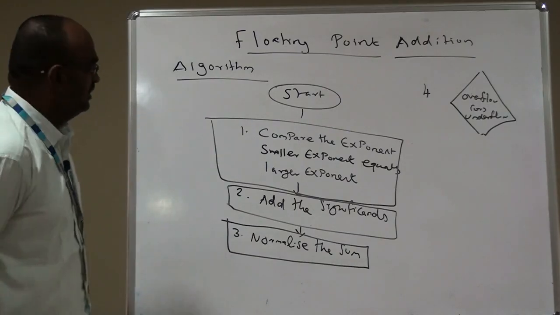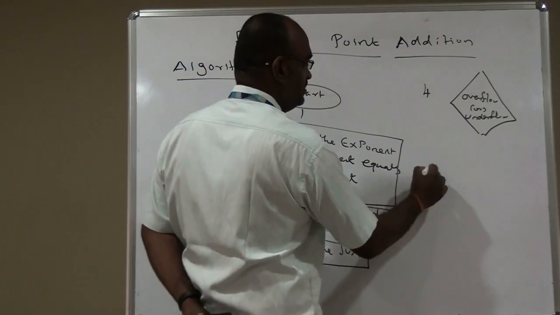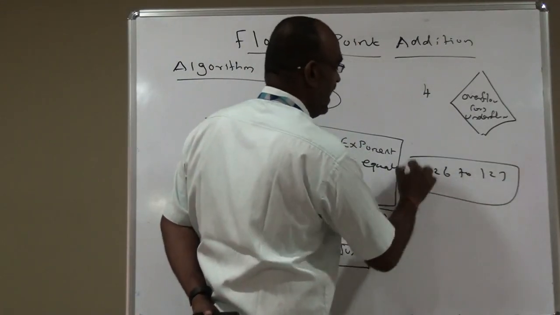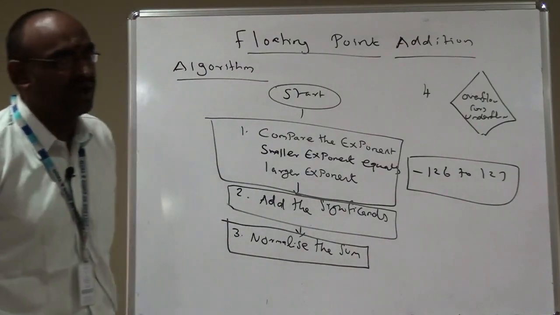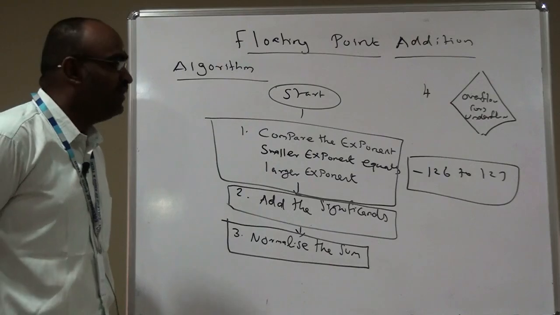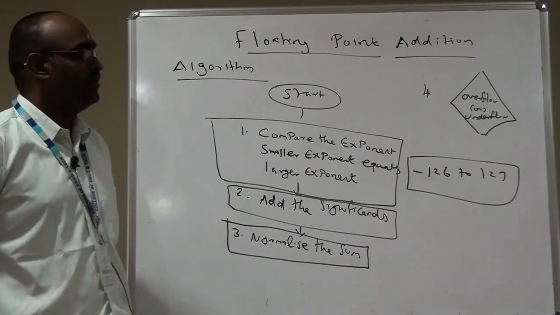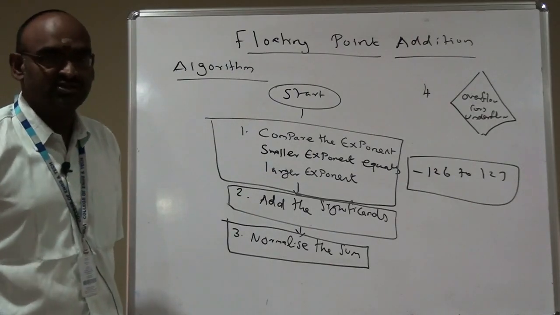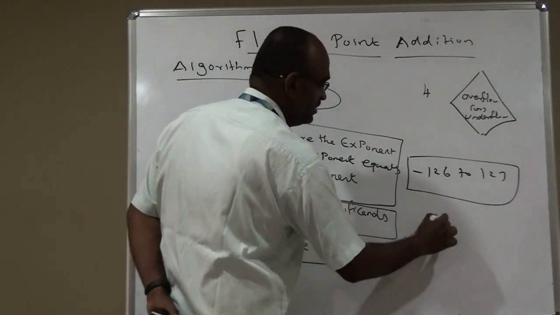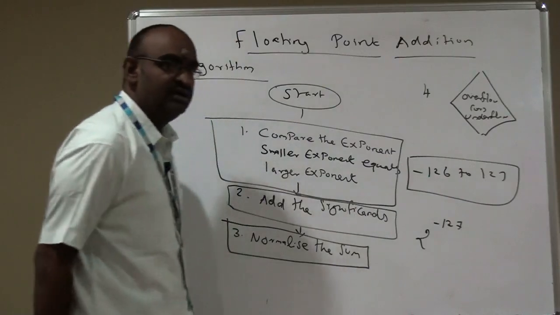For example, the exponent value should be within -126 to +127. If the exponent value lies between -126 and 127, then there is no overflow or underflow. If the exponent value is -127, for example, that is called underflow.